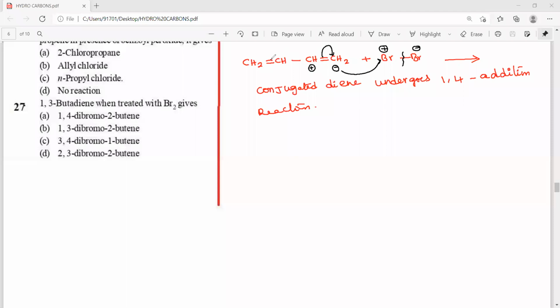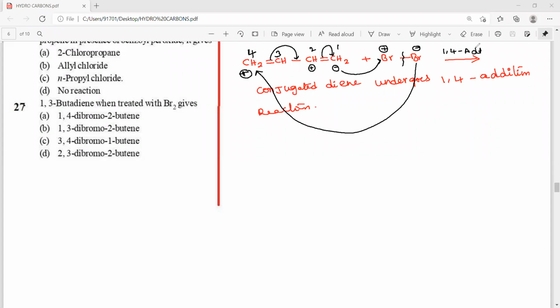To reduce this positive charge, these pi electrons shift and create a negative charge here, and this end creates a positive charge. The remaining Br minus will be attached at the end carbon. Means 1, 2, 3, 4. That is what is called 1,4 addition reaction.